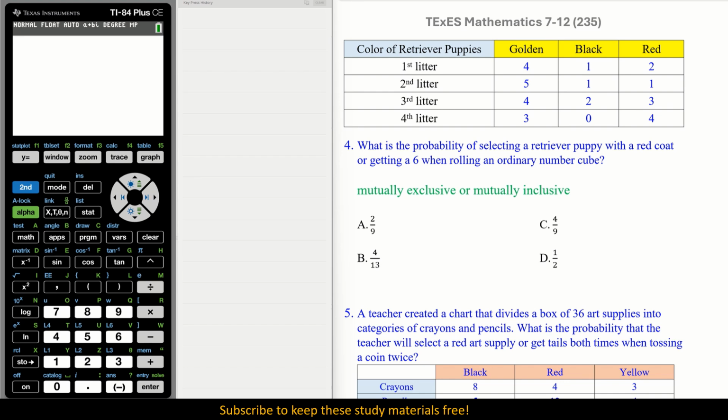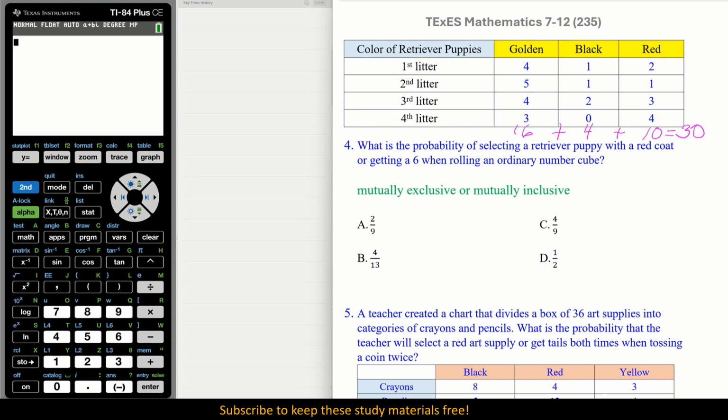We have 16 in the first column, and that will be plus 4 in the next one, plus, let's see here, we have 5, 6, that's 10. And we add these up, that's 20, 30, 30 total puppies born in 1, 2, 3, 4 litters.